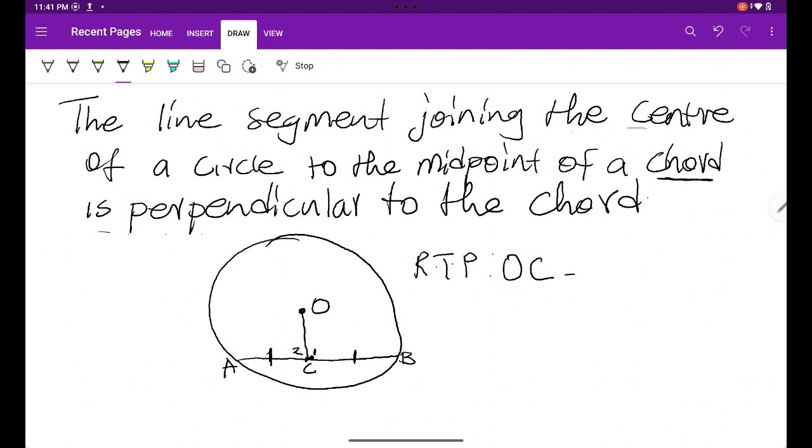In other words, we must prove that OC is perpendicular to AB. Right, that is what we need to prove. The first thing that we'll start with is the construction.